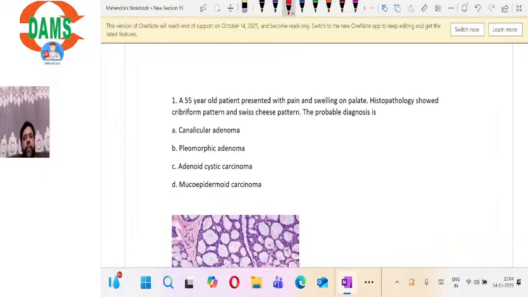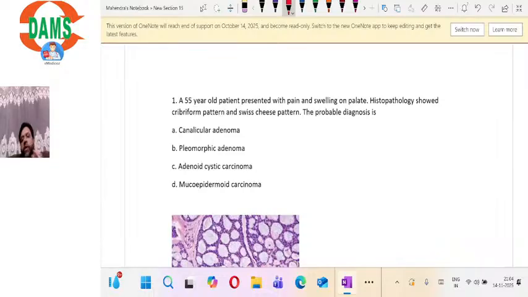It's almost the same, point to point, same images, same MCQs, same important points that we need to emphasize, all has been discussed.